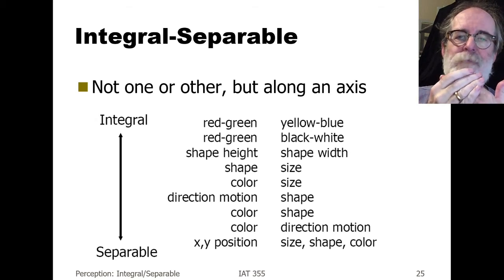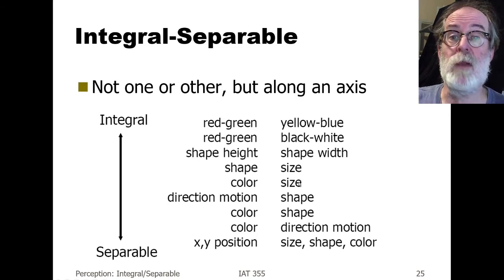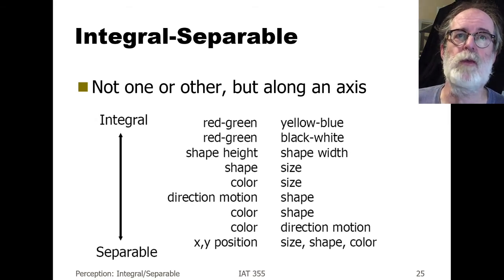You're very hard-pressed to pick out the red-green component from the yellow-blue component. Similarly, red-green from black and white, that is, light red, light green from dark red, dark green. It's a little bit easier, but it's still hard to do.